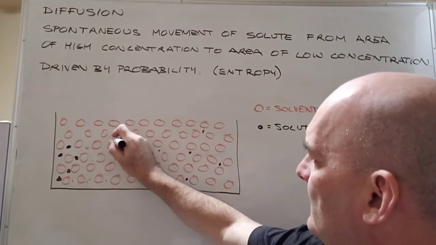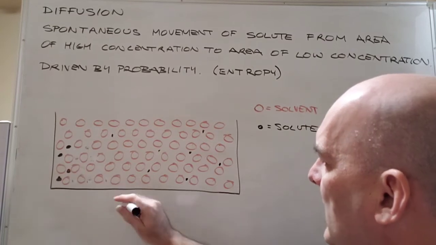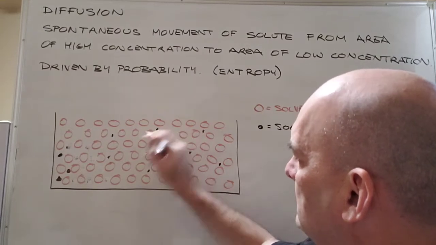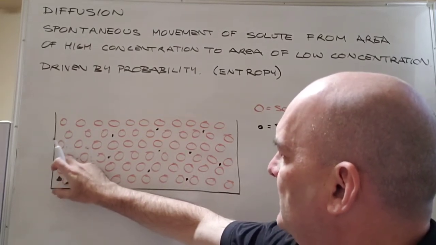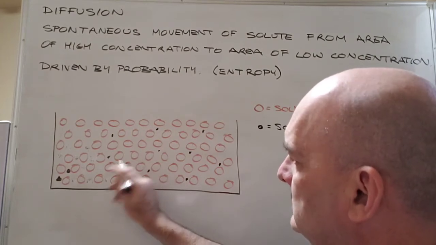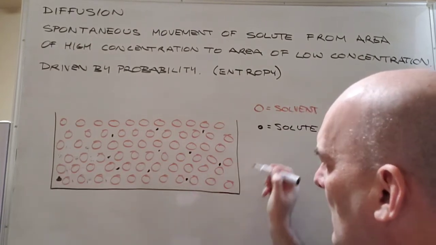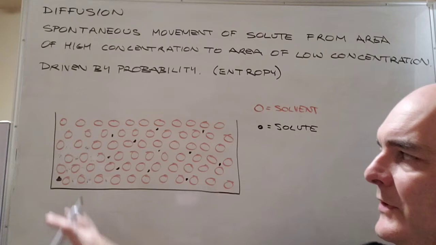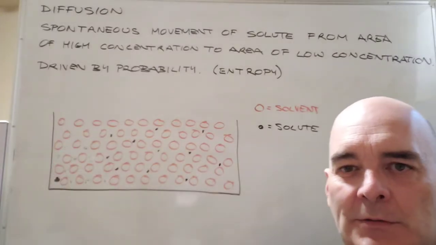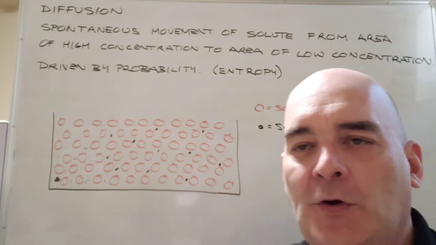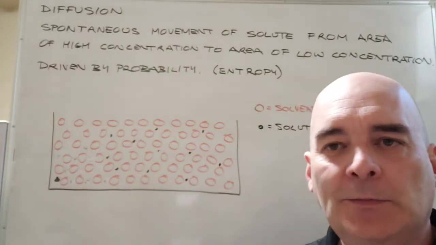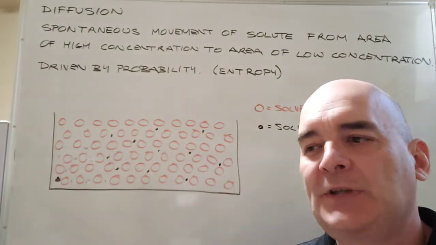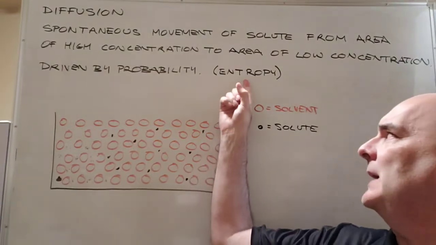And it turns out that the most probable thing is for them to be dispersed randomly and evenly. And so you start the day with a concentration of solute, but over the course of time, it just evens out. That's just probability.